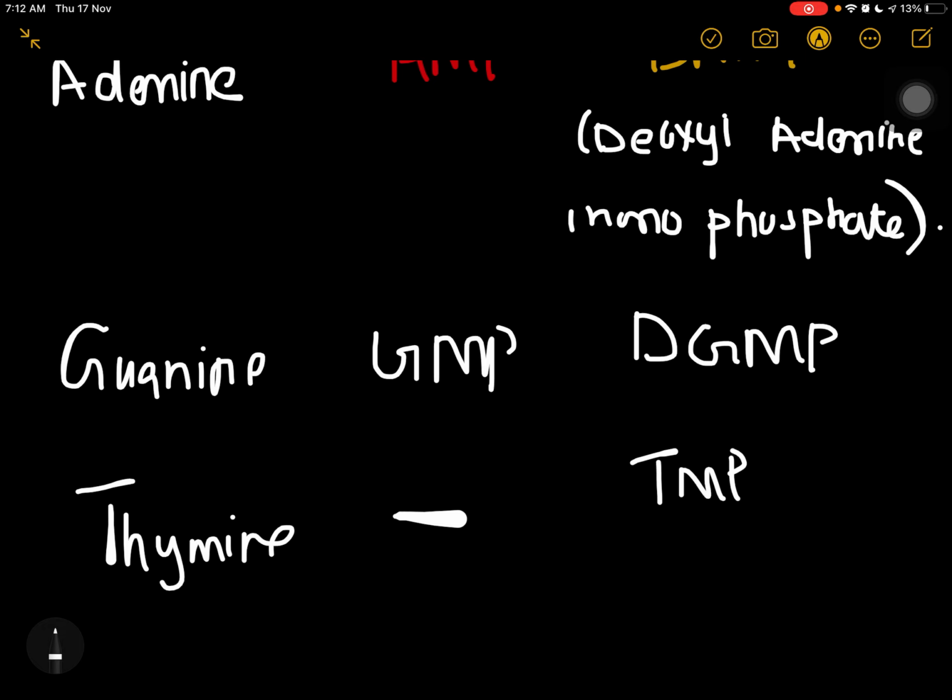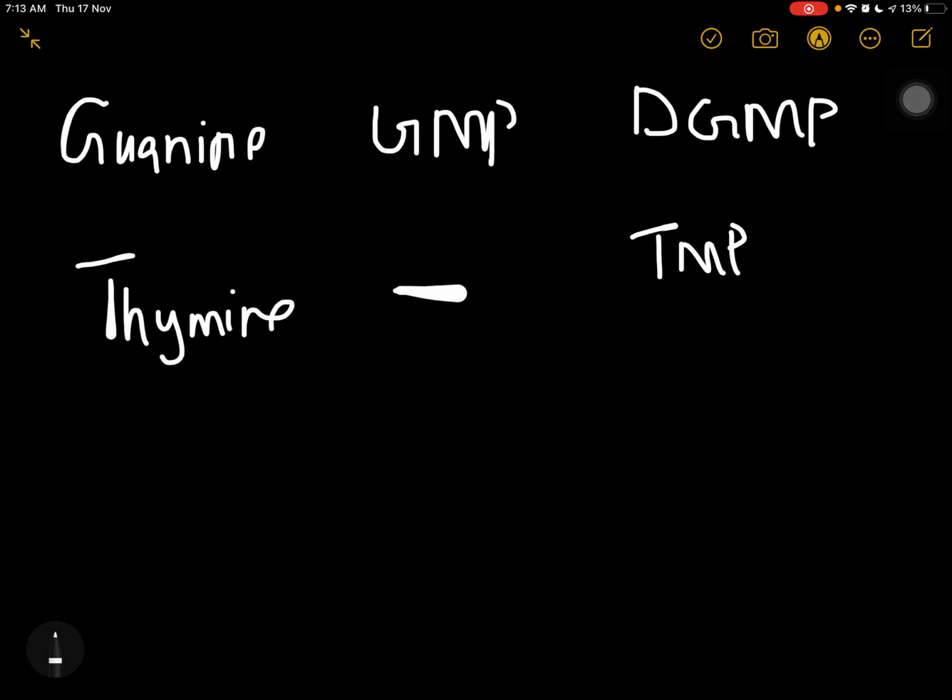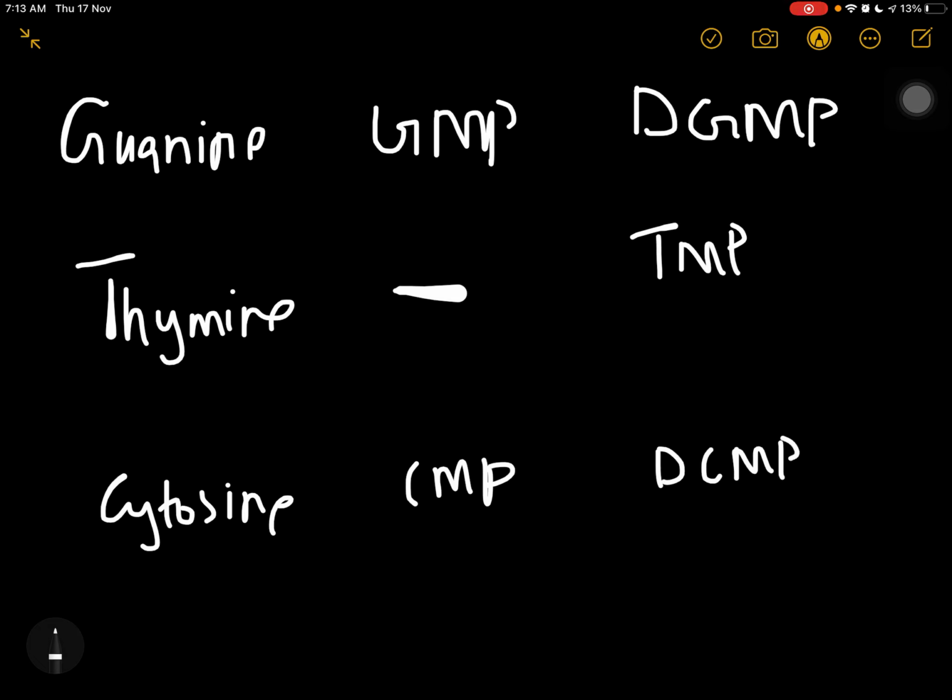Then we have cytosine: here it will be CMP, and here dCMP, deoxycytosine monophosphate. Now we have uracil, which is present only in RNA, so we will write UMP, but will not write it on the DNA side. Uracil is not present in DNA and thymine is not present in RNA.